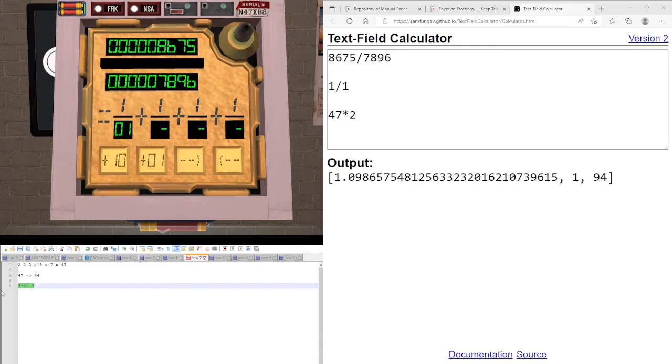So for 7, we could also have 14, 21. We could have 2 times 2 times 7, which would be 4 times 7, which is 28. We could have 6 times 7, which is 42.